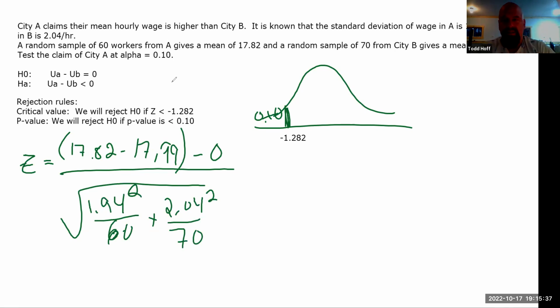And we can find that test statistic. Well, let's go to the calculator, see what we get.